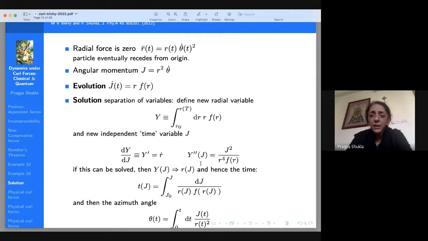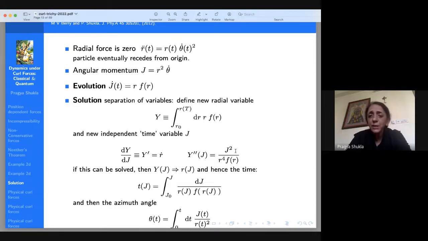d2y by dJ squared can be written exactly in this form, because when you differentiate it, you get dr dot by dJ, and then dr dot by dt, dt by dJ, and dt by dJ is given by 1 by r F r. So when you substitute all that, you can easily see, just take a pen and paper and you can work it out, that d2y by dJ squared can exactly be written in this form.